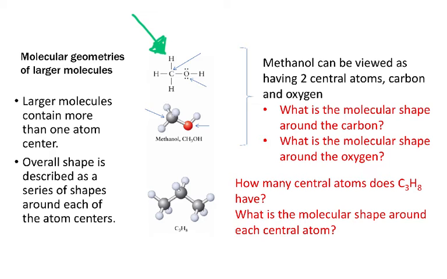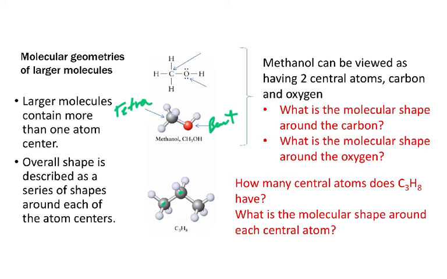And so we can describe the shape around each one. See how carbon has 4 electron groups. All 4 are bonding, so it would be tetrahedral around the carbon. And the oxygen also has 4 groups, but only 2 bonding, and so that would be bent. And we can see that here in the ball and stick model.